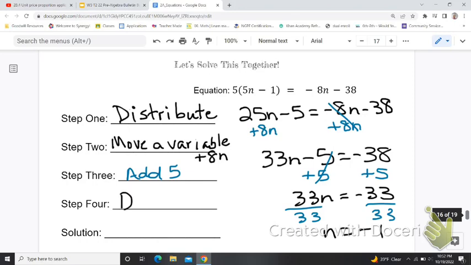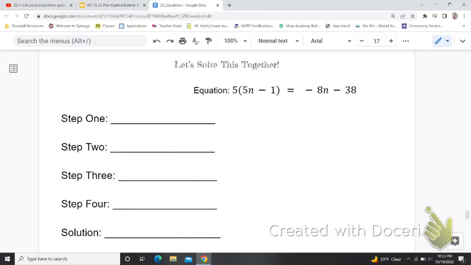So divide by 33. And n is equal to -1. So in this case, we did not have a combine like terms step for things that were already on the same side, but we oftentimes will.